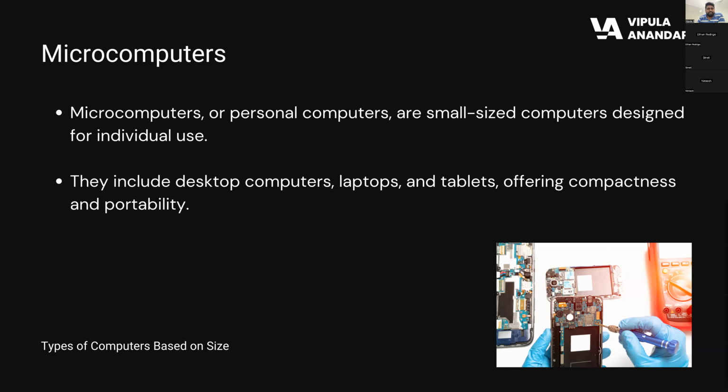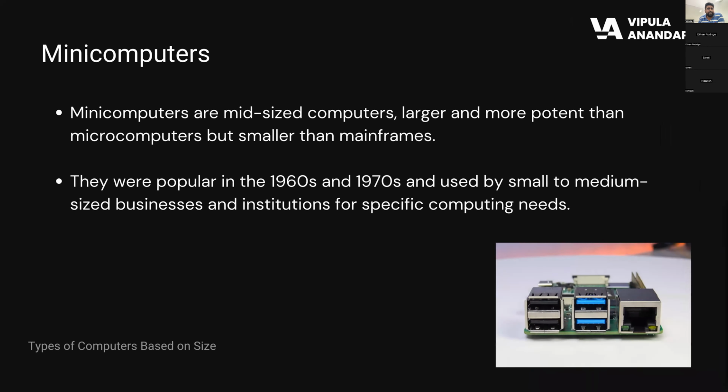It's basically a personal computer that does all its activities, but it's a miniature version. And then we get into minicomputers. Minicomputers are computers which have more power than microcomputers, but are smaller than a mainframe.